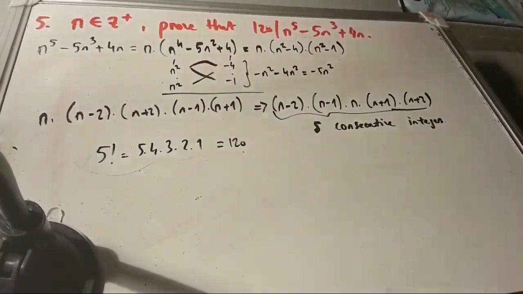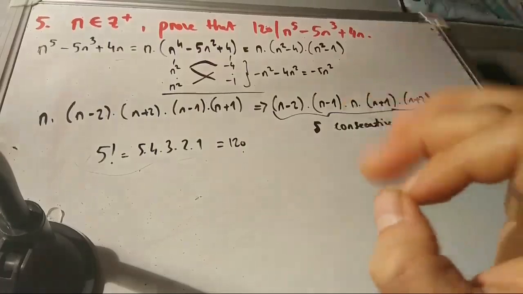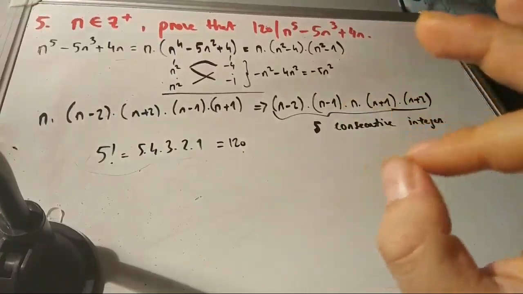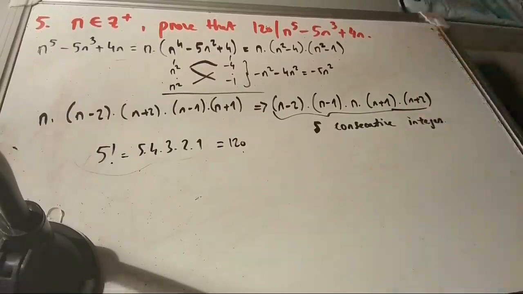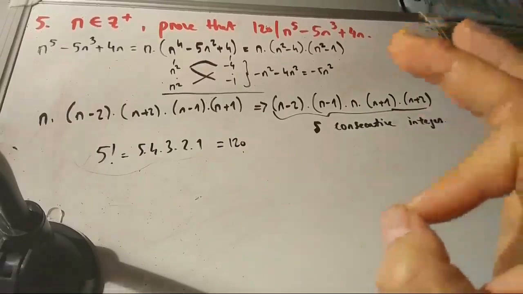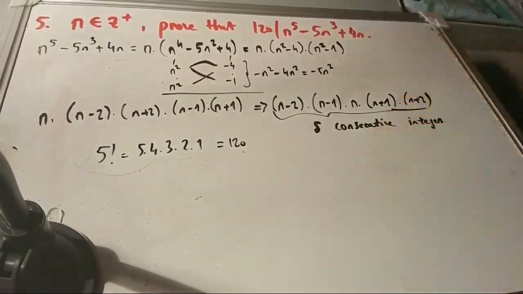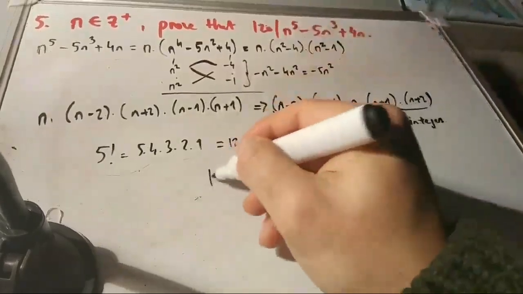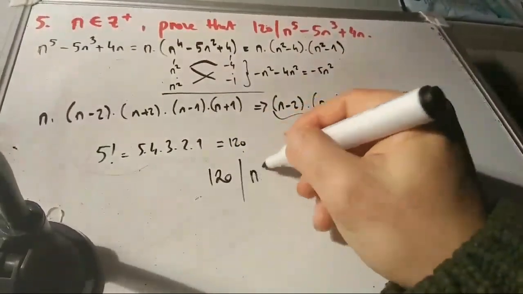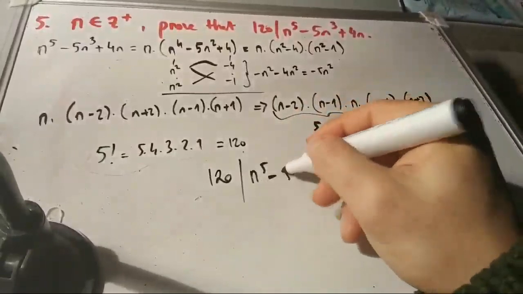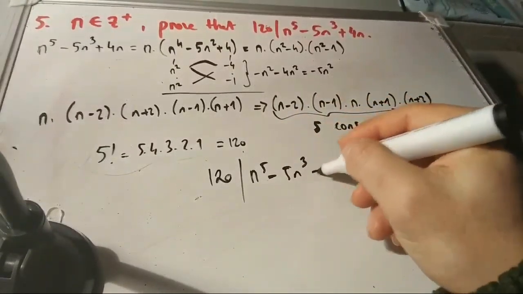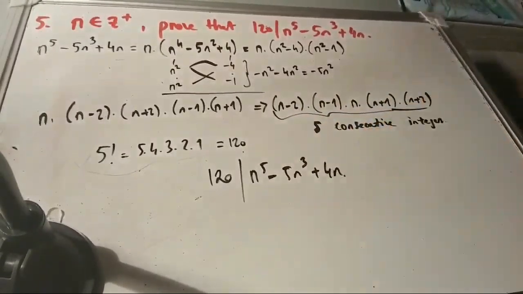So it means that when we take the multiplication of the 5 smallest consecutive integers, we will get 120, right? So automatically 120 divides n to the power of 5 minus 5n cubed plus 4n.